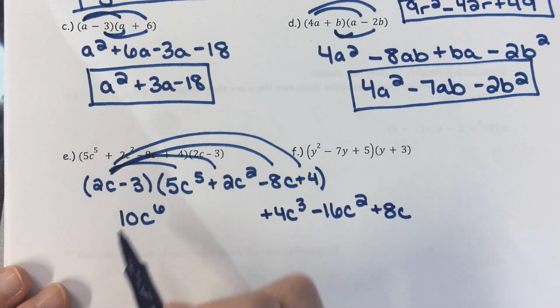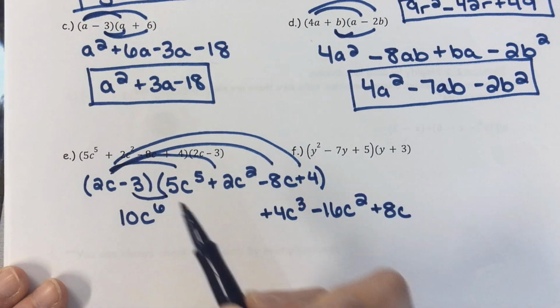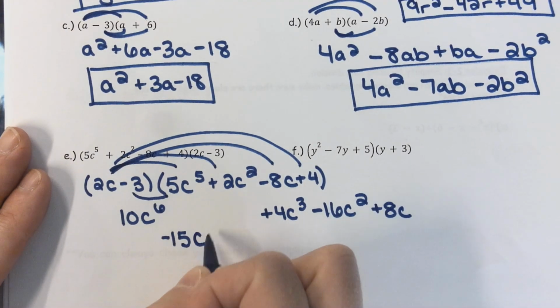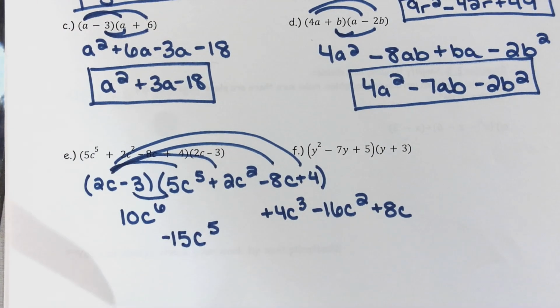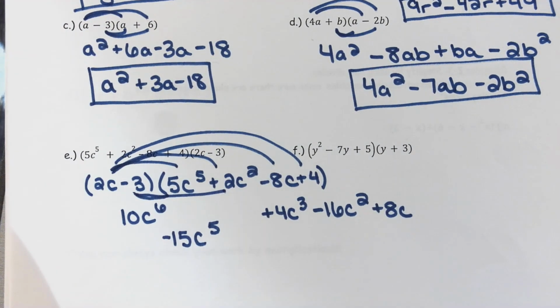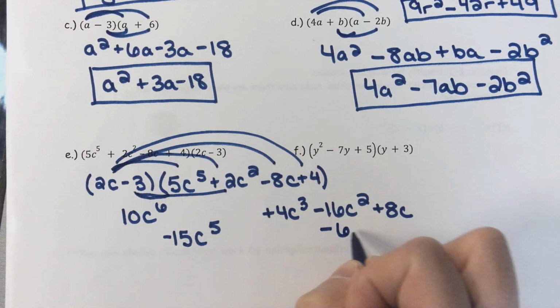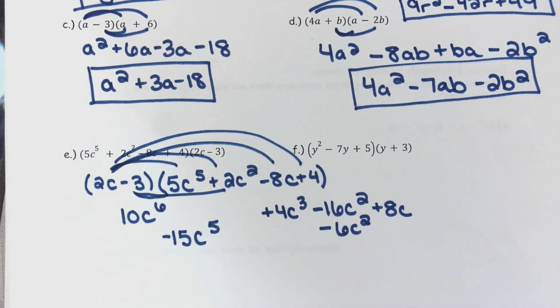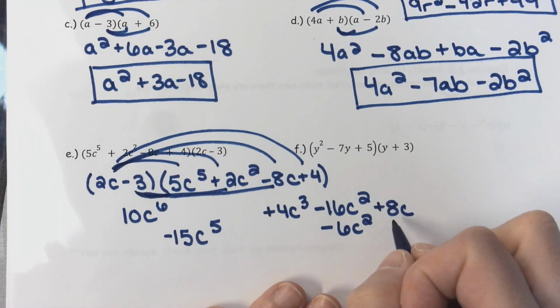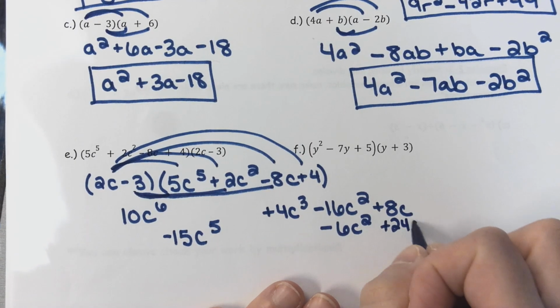All right, let's send the negative 3 through next. So this is going to give me negative 15c to the 5th. Well, that doesn't have a buddy. What's this going to give me? Negative 6c squared. So I'm going to line those up. What's this going to give me? 24c.